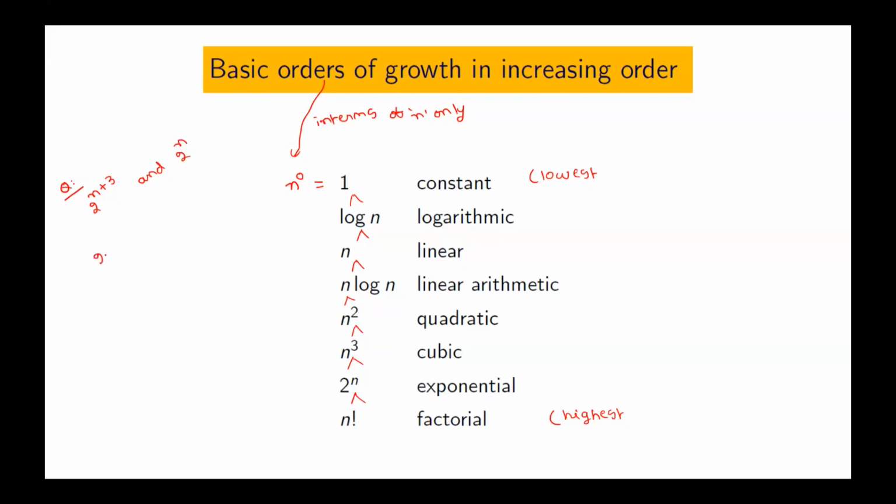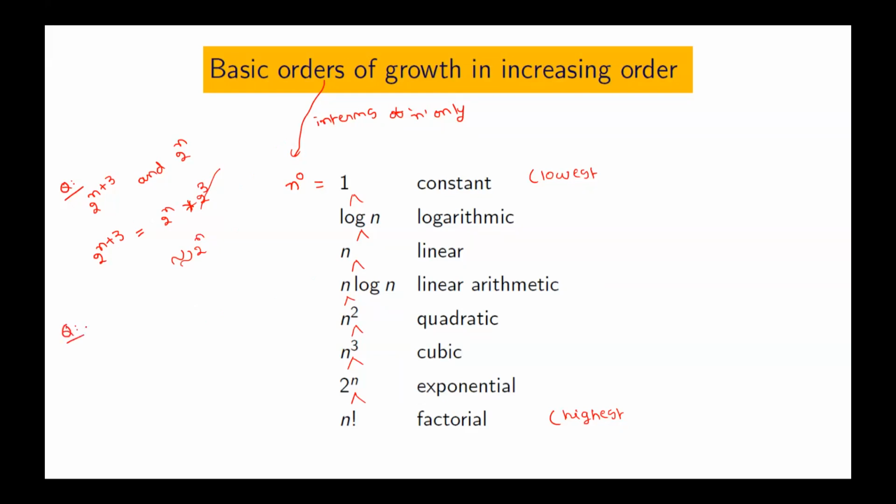Because 2 power n plus 3, we can write it as 2 power n into 2 cube. Is that correct? Yes, sir. After removing 2 cube, can we say that it is equal to 2 power n? Approximately equal, from the order of growth point of view. Is that okay?